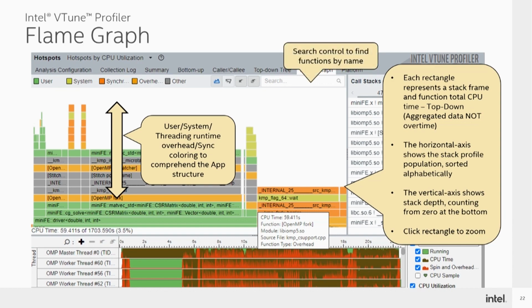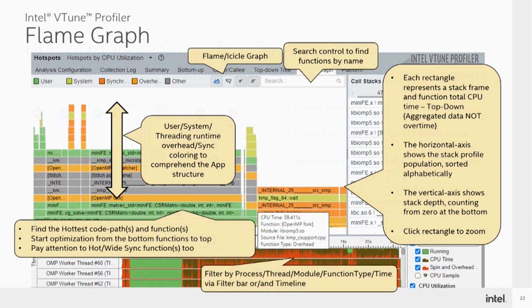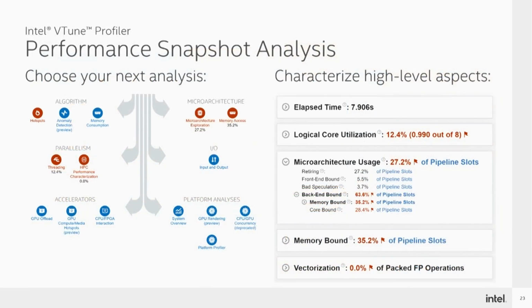Again, a lot of this is just reference material for you. This is another newer feature inside of vTune called performance snapshot analysis. What this feature does is it runs a quick analysis of your application and tells you what you should do next. This is primarily a feature that would be used by a new user.